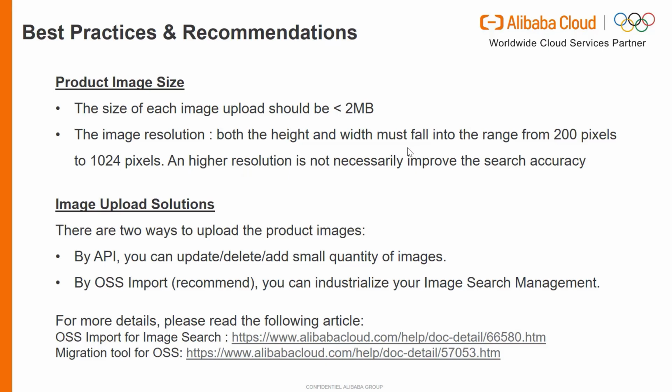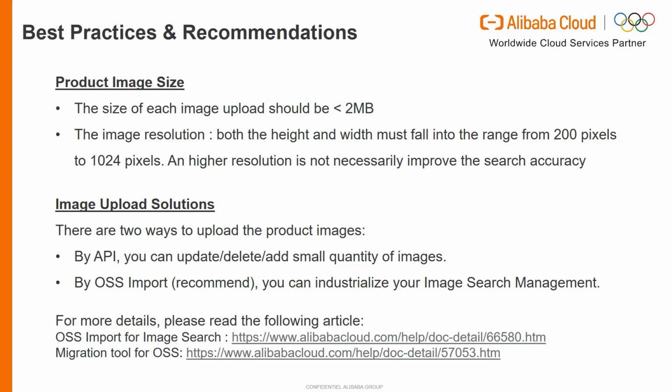We have some best practices and recommendations for all the image search users. First of all, the size of the picture. The size of each image uploaded shouldn't be more than 2 megabytes, and the resolution should respect both height and width must fall into the range from 200 to 1024 pixels.